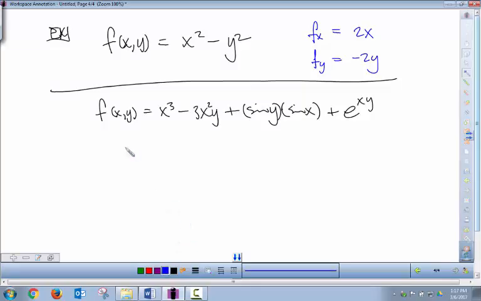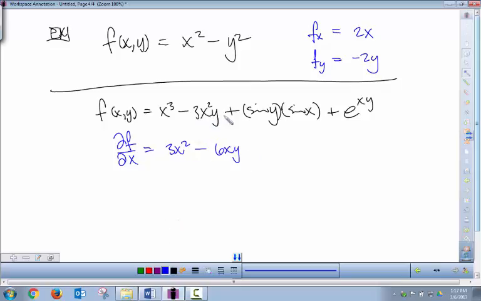I'll twist this notation up a little bit, and we'll use partial notation with respect to x. What's our first term here? 3x squared, and now y is a constant, remember. You could treat it like a product rule if you remember the derivative of y with respect to x is 0 because y is a constant. But you don't want to do that.